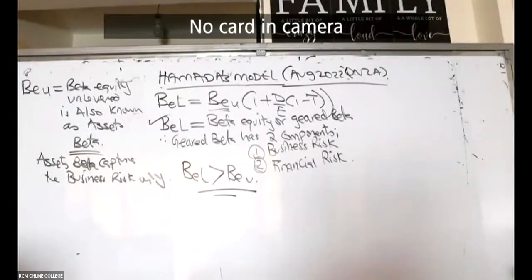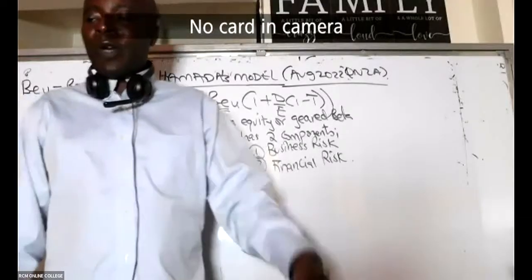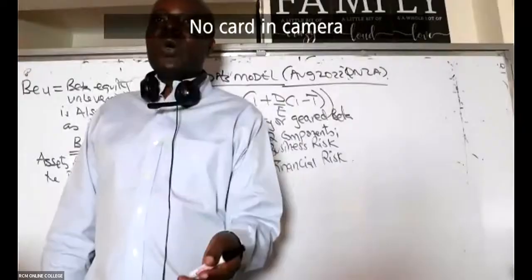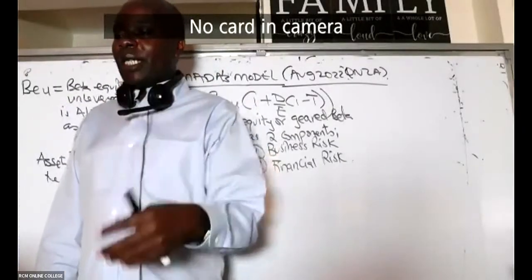Now, ladies and gentlemen, we normally use this Hamada's model in most cases for those organizations that would want to diversify operations. So, for example, if RCM today wanted to go into agriculture, and by the way, this semester we have gone into agriculture, we are doing sheep breeding.